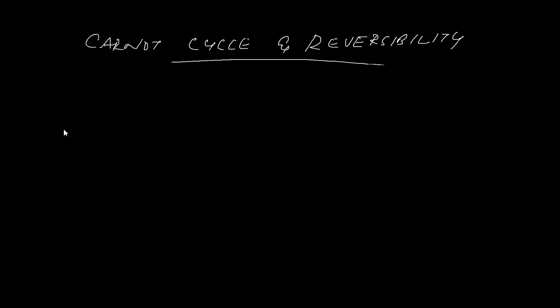So, what is reversibility? Assume a process like this from 1 to 2. It is said to be reversible when it is performed in such a way that at the conclusion of the process, that is at 2, we should be able to take the process back to 1 following the same path, which means we should be able to bring the process back to the original state without affecting either the system or its surroundings.